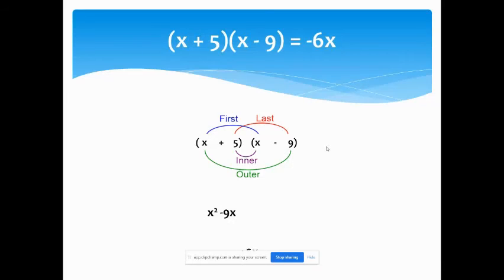That would result to positive 5x. And then our last term would be positive 5 and negative 9. So if we multiply 5 to negative 9, the answer would be negative 45. So we would have an equation of x squared minus 9x plus 5x minus 45 equals negative 6x.